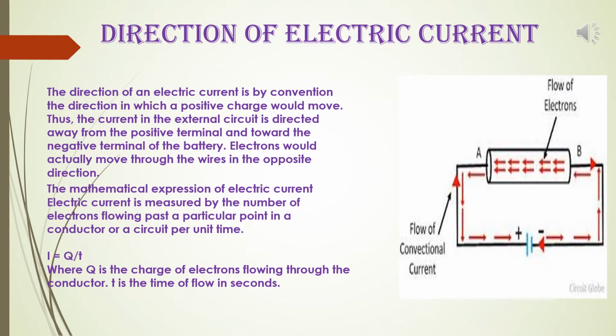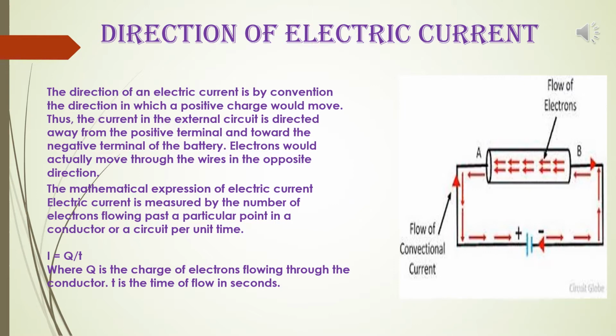Now today first I am starting with direction of electric current. The direction of an electric current is by convention the direction in which a positive charge would move. Thus the current in the external circuit is directed away from the positive terminal and toward the negative terminal of the battery.